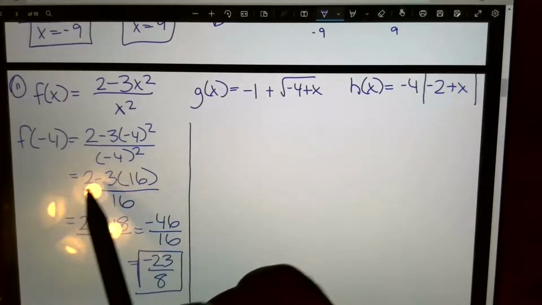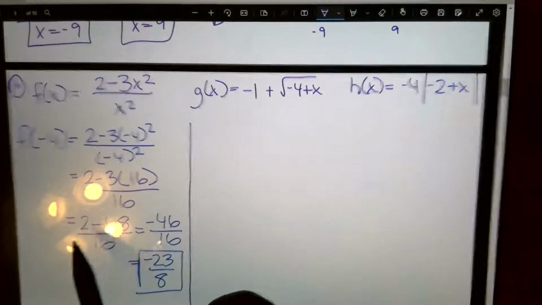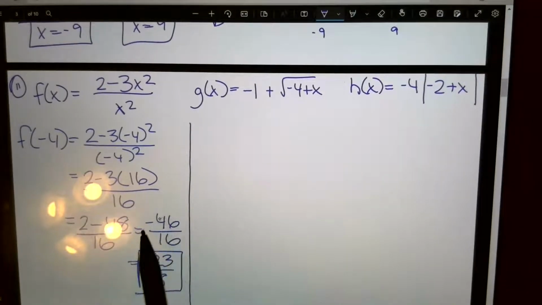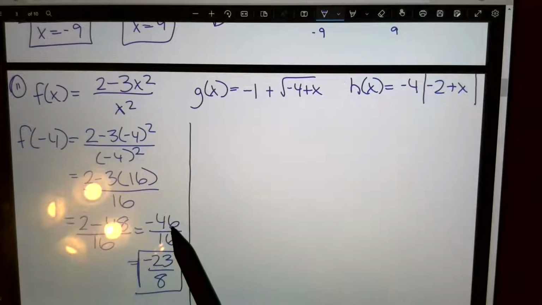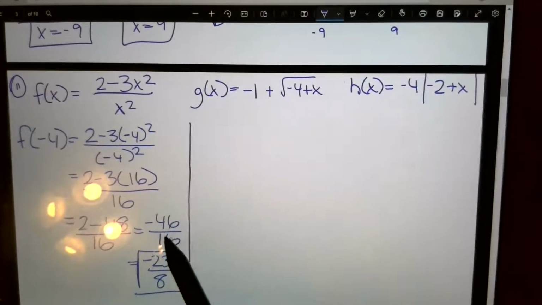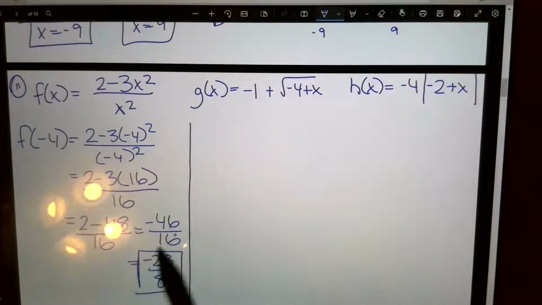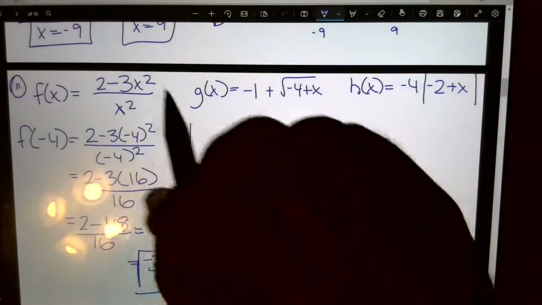So although this is a fraction problem, I really did it like two different problems. And then at the very end, I had to reduce it because both of these are even numbers. So don't let fractions bother you, especially because in this class there are going to be a lot of fractions. But that doesn't mean that it's doing a lot of fraction operation type things. All right. Let's keep continuing on.